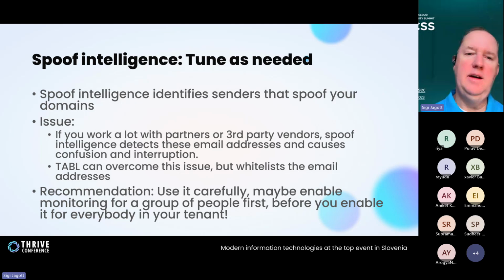I have an email with the partner and I have my own email, and if I send emails back and forth between my business email and my partner's email, then of course it's detected as spoof by spoof intelligence. Of course, the tenant allow and block list, the TABL, can overcome this issue, but that would whitelist the emails. Again, whitelisting emails is not a good thing.